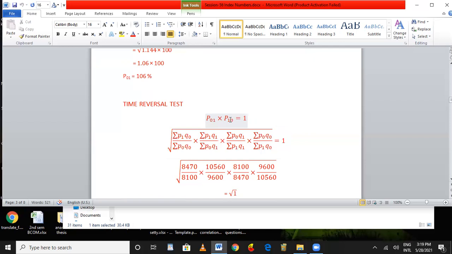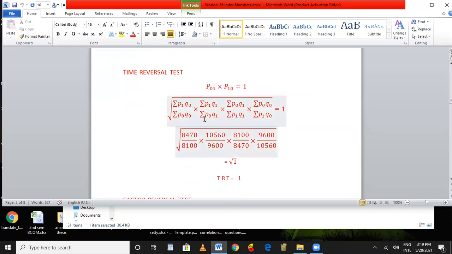In the same way, P10 is on the basis of the current year, with the base year considered. P01 into P10 should equal 1. We shall see whether we get 1 or not. If you get 1, it satisfies the time reversal test.